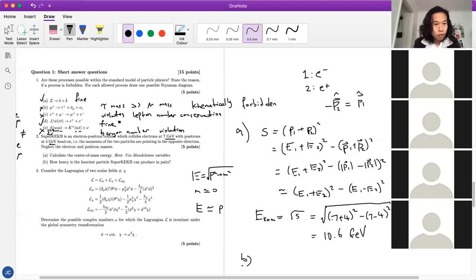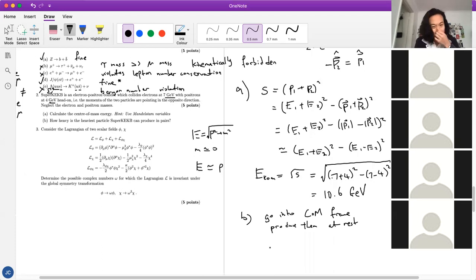Okay, B: calculate the heaviest particle you can produce in pairs. So the easiest way to do this is just to go into the center of mass frame and produce them at rest. Because in the center of mass frame, the electron and the positron come in and they will exactly collide in the middle.